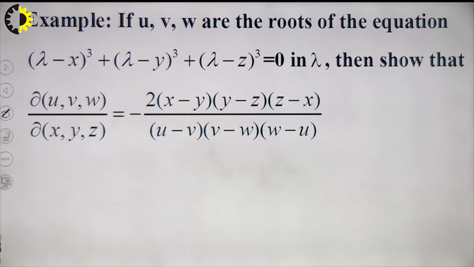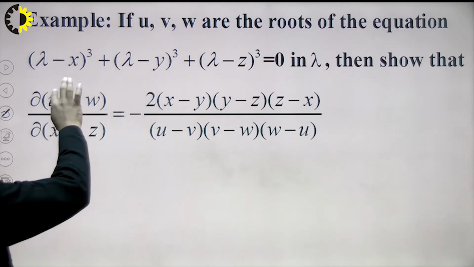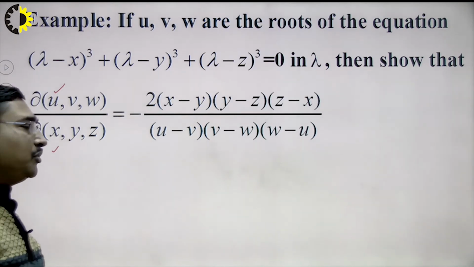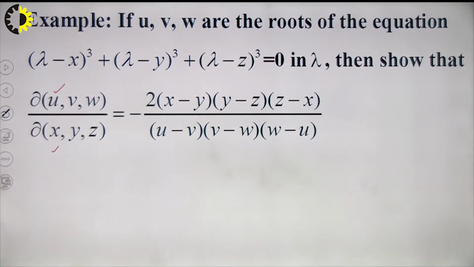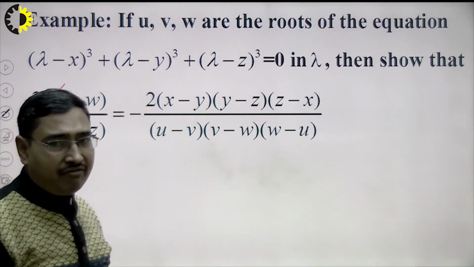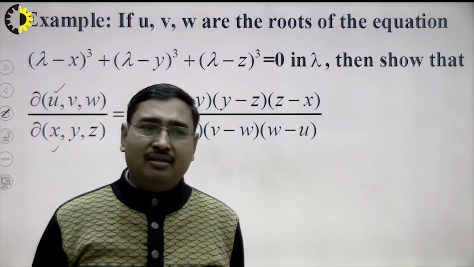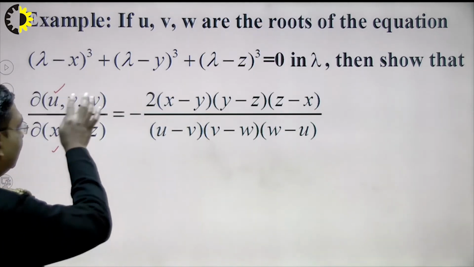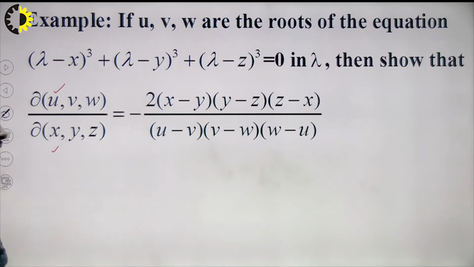And so I need to find some relations involving u, v and w and x, y and z. Those relations will be used to write f1, f2 and f3, and then once f1, f2 and f3 are obtained, I can try to find this Jacobian by the formula for implicit functions discussed here.